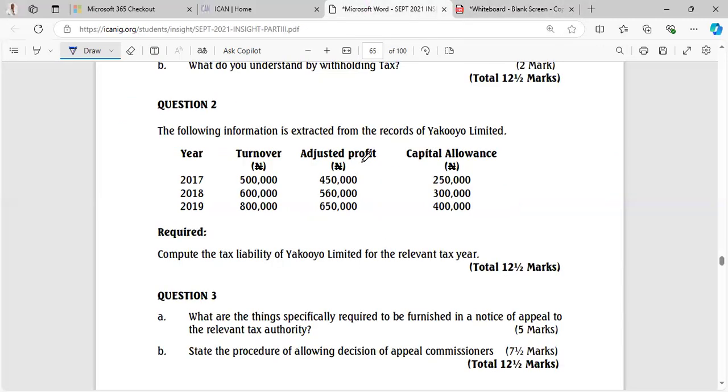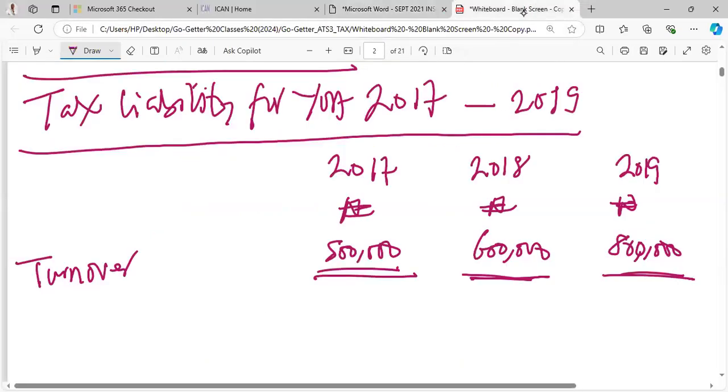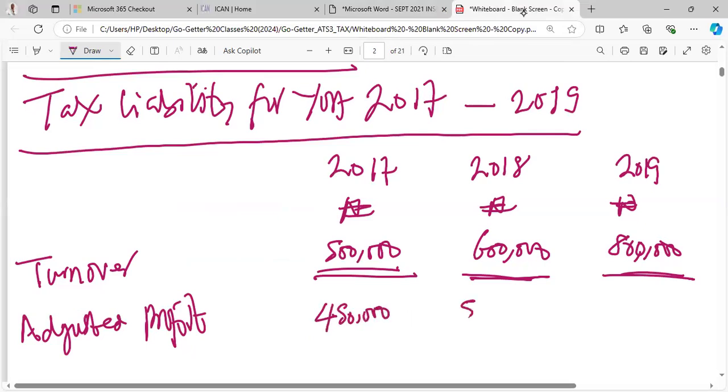All right. So this is the adjusted profit, 450, 560, 650. So I will come here, adjusted profit. So now this is 450, 560, 650.